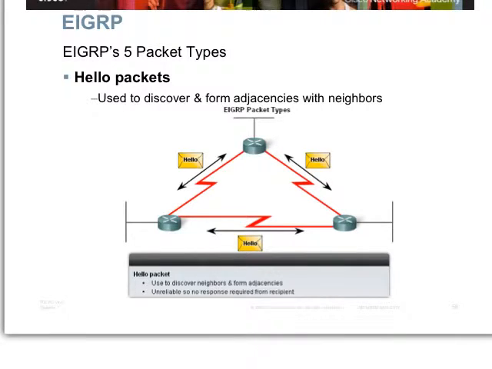Even though I'm physically connected to it, logically EIGRP does not feel that it's a neighbor because it has a different autonomous system number, or a different process ID. So in order for hello messages to be exchanged between the routers, they have to have the same process ID. If they all have the same process ID, they will exchange hello messages all together, and each one will feel that the others are neighbors to it.